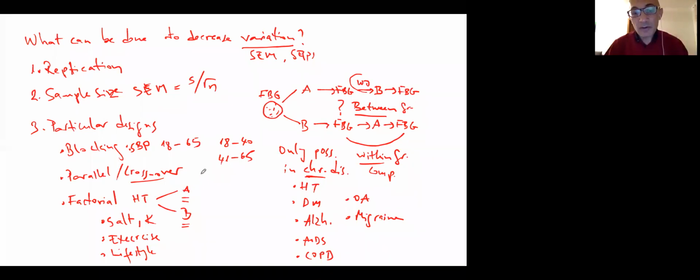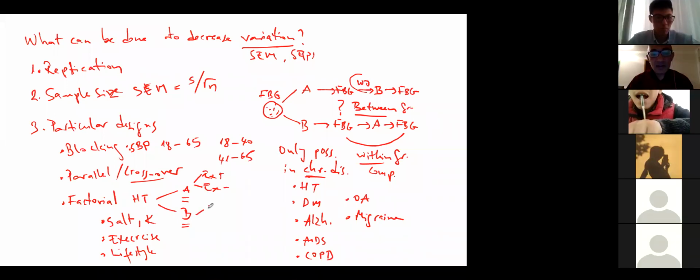There are more factors. There are people with hypertension taking drug A and exercising: exercise positive, let's call it X positive, and X negative. And you have people taking drug B and exercising: exercise positive and exercise negative. And you can increase these combinations.